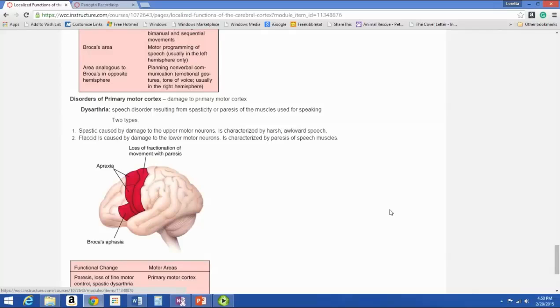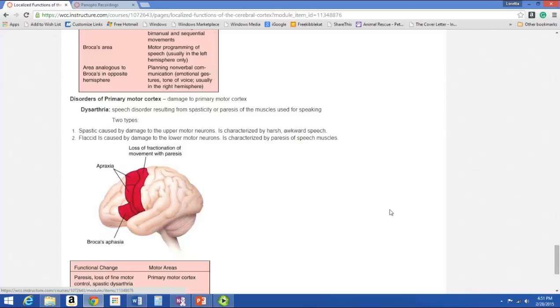With dysarthria, it's actually a problem with either spasticity or flaccidity of the muscles. And just like we talked about in the motor chapter, spastic dysarthria is caused by damage to the upper motor neurons. It's characterized by harsh, awkward speech.